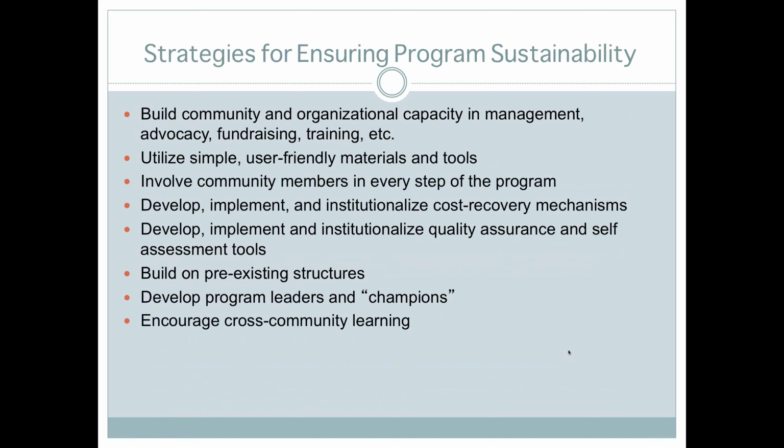And then there are some strategies that are useful for ensuring program sustainability.